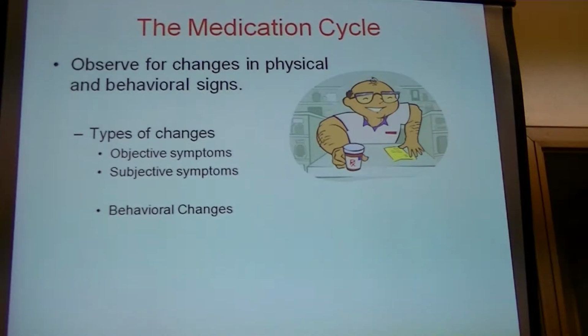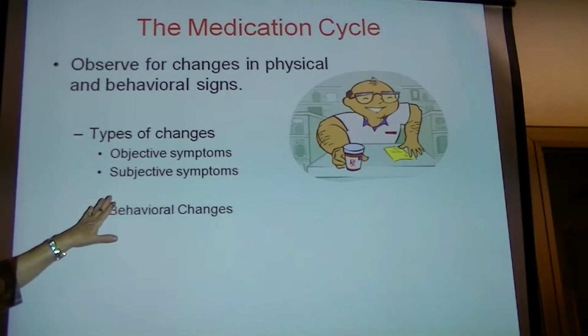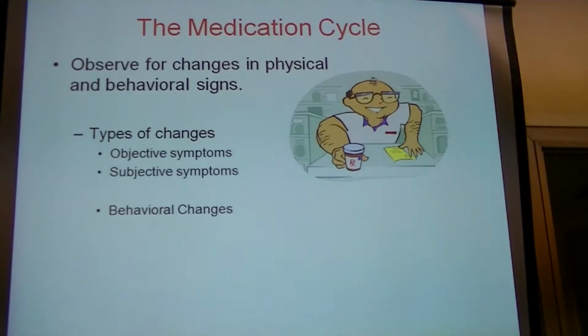I see redness. I touch heat. And I can feel a change in the shape of that arm. It's a swelling. Those are objective symptoms. Subjective is what the client says to us. It hurts. Can we objectively tell about hurts, pain? I'm nauseated. Can we objectively know that someone's nauseated?